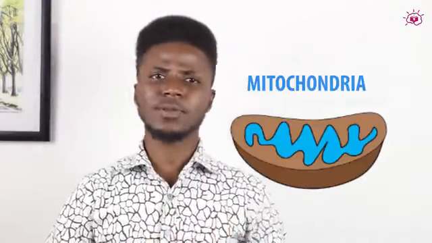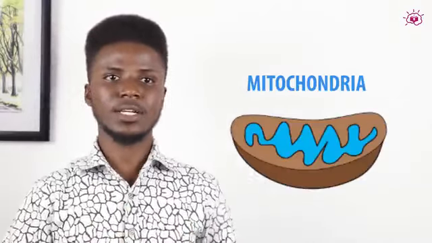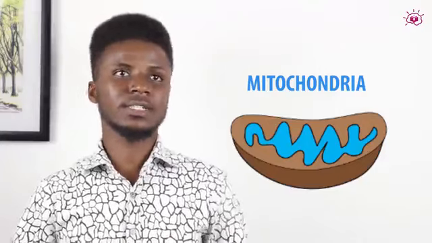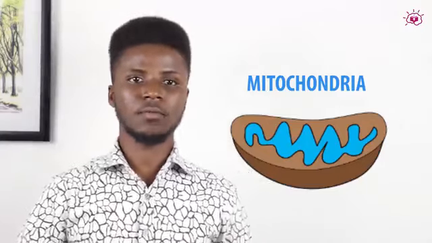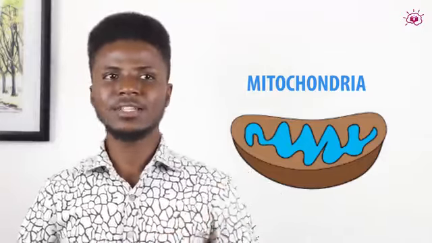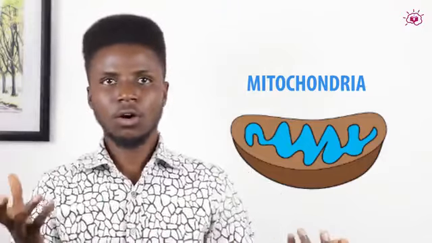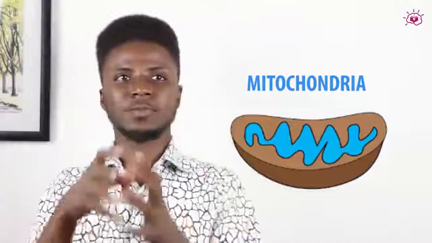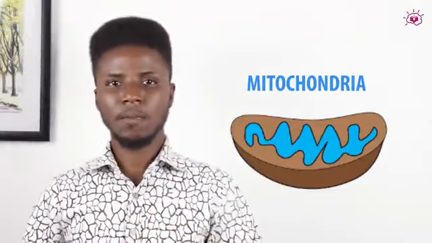This mitochondria is only present in eukaryotic cells but absent in prokaryotic cells, meaning that bacteria don't have mitochondria. The function of mitochondria is very simple. It helps in the release of energy from food, or we can say it's the respiratory organ of the cell. It helps the cell break down sugar into energy, giving out carbon dioxide.